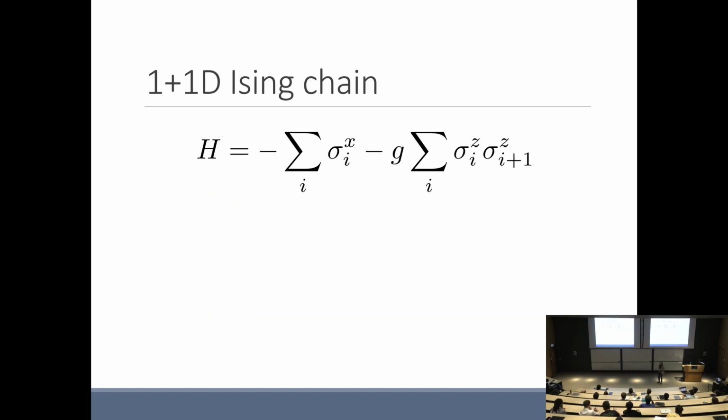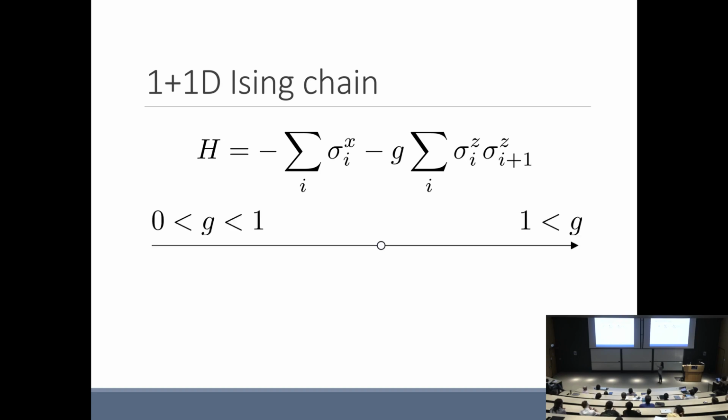And this, of course, matches well with what we have always understood about the 1+1D Ising chain with a transverse field and an Ising coupling. And if we tune the coupling strength G, then we can be in two different phases. One is the symmetric phase, and the other is the symmetry breaking phase.